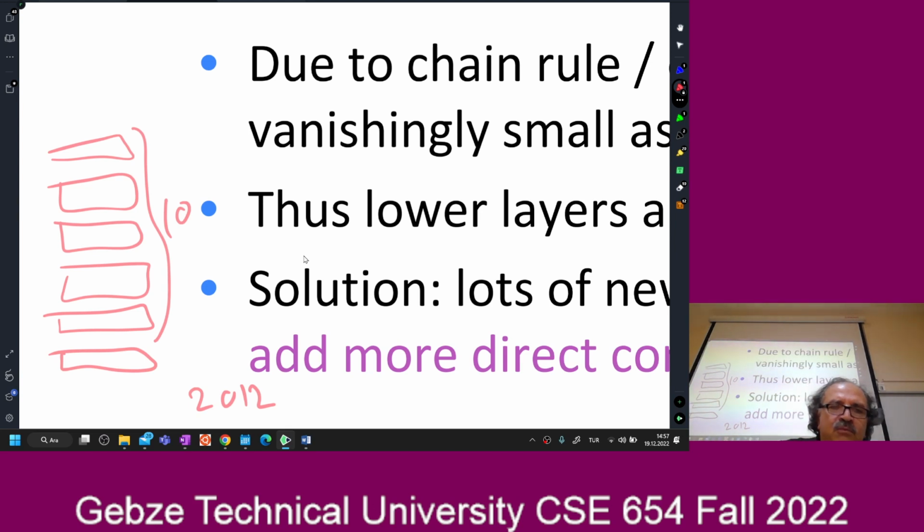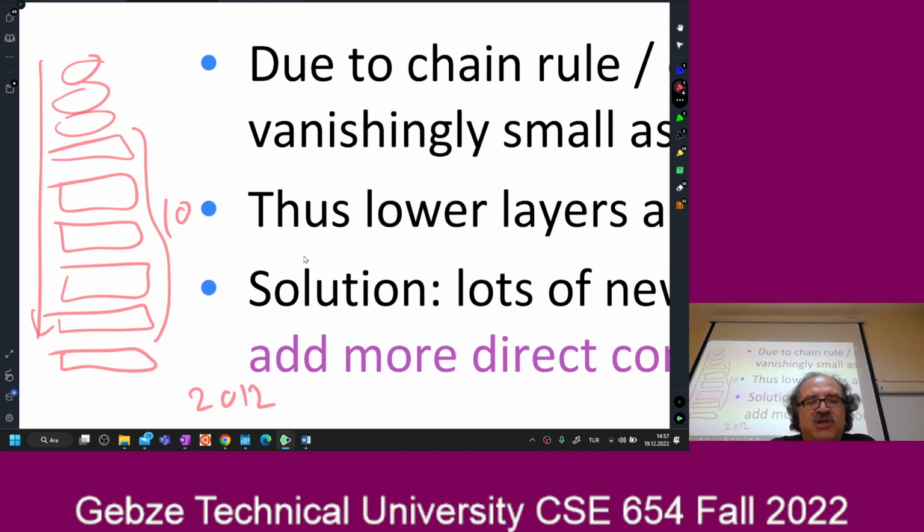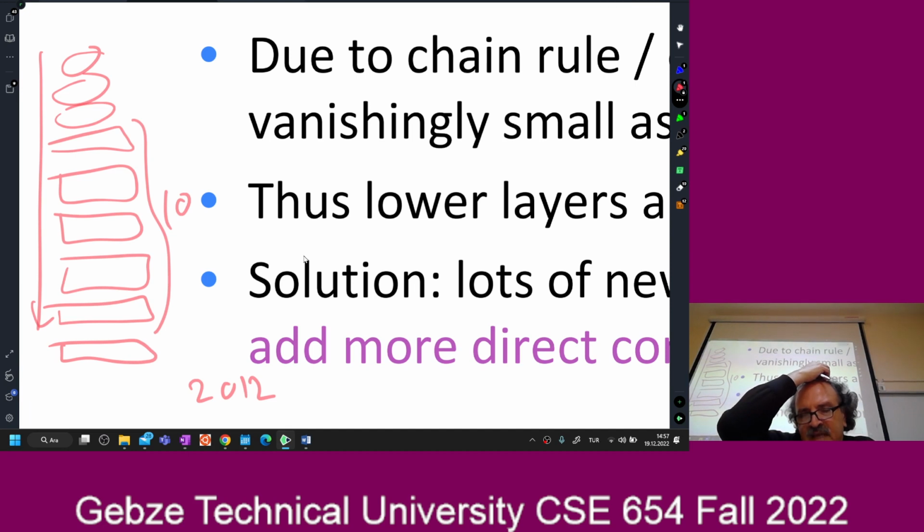But if you add more layers on top of it, your performance gets worse and worse because of this vanishing gradient problem. I cannot push my gradient information back to the original, the first layers, okay? So vanishing gradient started becoming a problem.